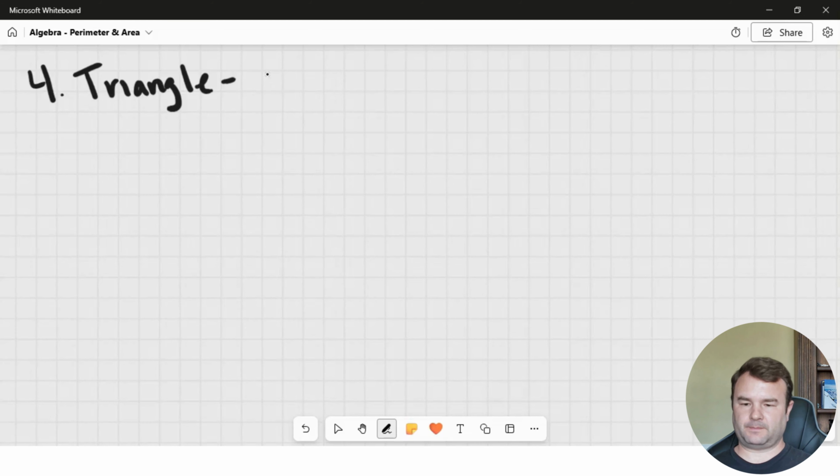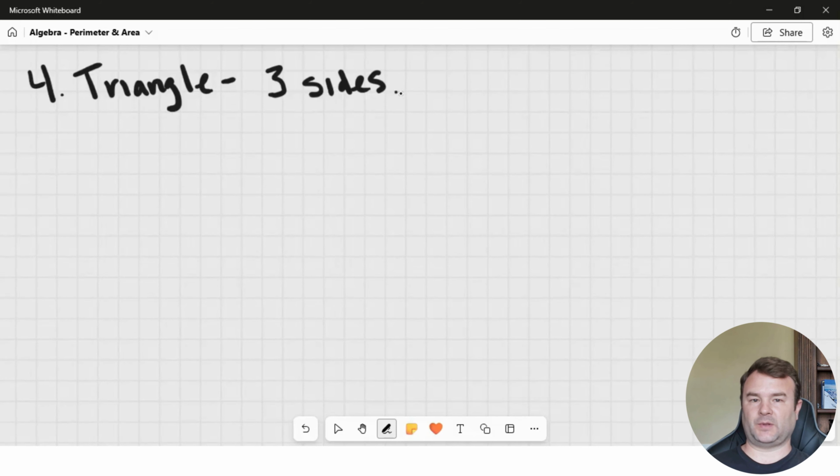Basically, a triangle has three sides, but not all sides have to be equal length. They can be equal length, so all three sides can be equal length, or two of the sides can be equal length, or none of the sides have to be equal length.